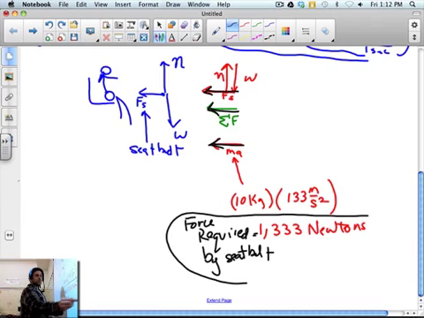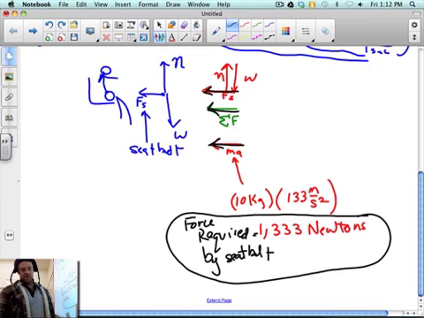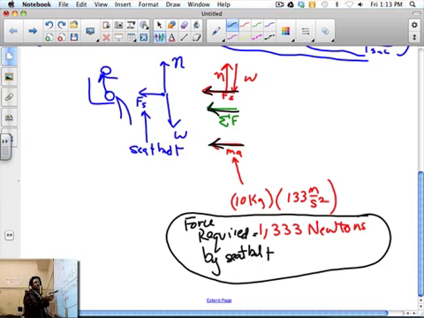And you should probably work the same problem out again. Let's just see how much bigger than the weight of the child this is. Well, the weight of the child is 100 newtons. Well, you'd have to multiply 100 by 13.